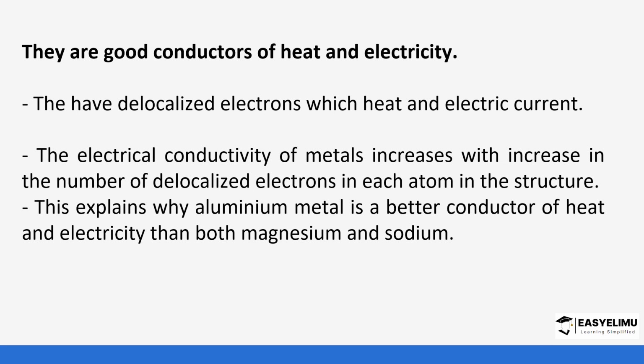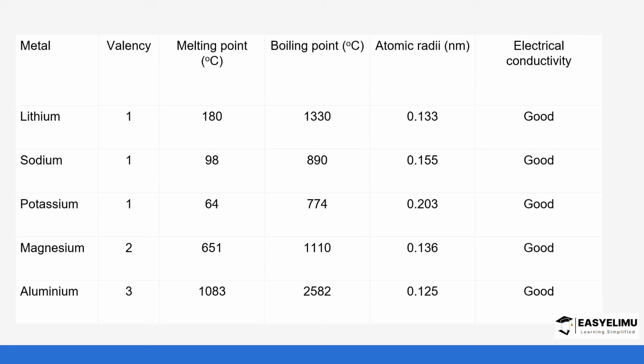This explains why aluminium is a better conductor of heat and electricity than magnesium and sodium. And when you're answering this question, because it comes up when you're asked about aluminium, make sure you specify the number of delocalized electrons for magnesium, sodium and aluminium when you're answering.